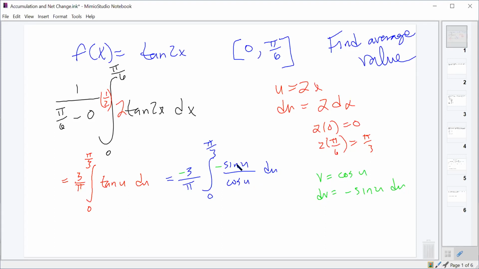And so now it's negative sine u du, or dv, over cosine u, which is just v. So negative 3 over pi, integral of dv over v. And then now this becomes cosine of 0, which is 1, and cosine of pi over 3, which is a half. Does that make sense now or no?